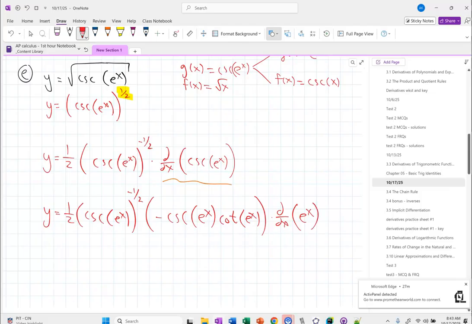That was one of the trig derivative identities: the derivative of cosecant is negative cosecant times cotangent. The easy way to remember that is that cosecant and cotangent both have sine as their denominator. Those are the two that go together.